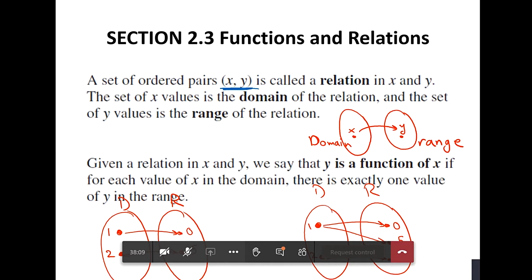Why? Because we have a value in the domain connected with two values in the y. So this is not a function.